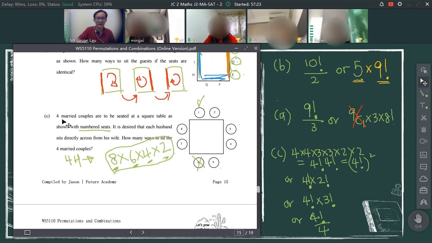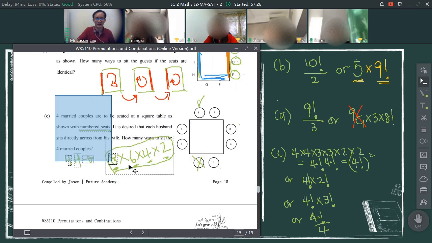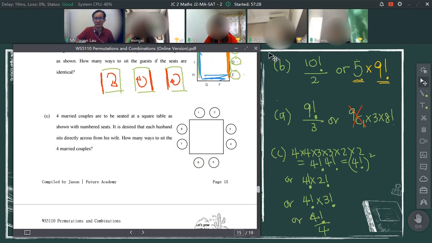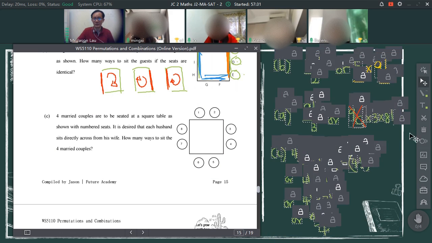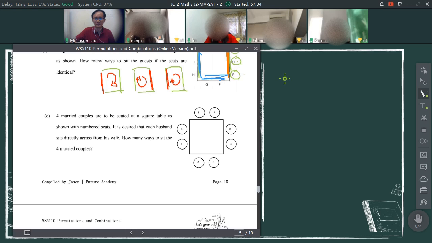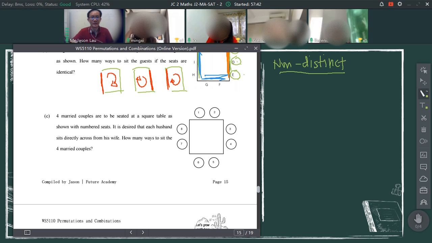If all the seats are not distinct, how do we seat them? So the first person, let's say the husbands first, will have how many ways? 1, because their seats are not distinct.